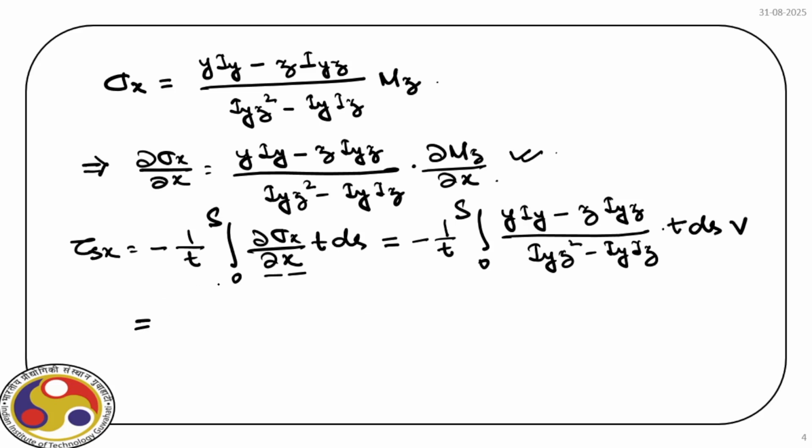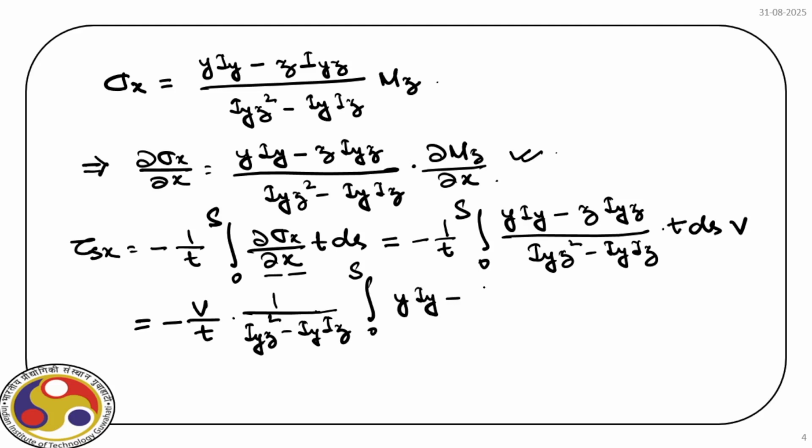Now, if you further solve this expression and simplify, what we get is V divided by t and 1 by Iyz square minus Iy Iz, then we have integral 0 to s of y Iy minus z Iyz times t times ds.